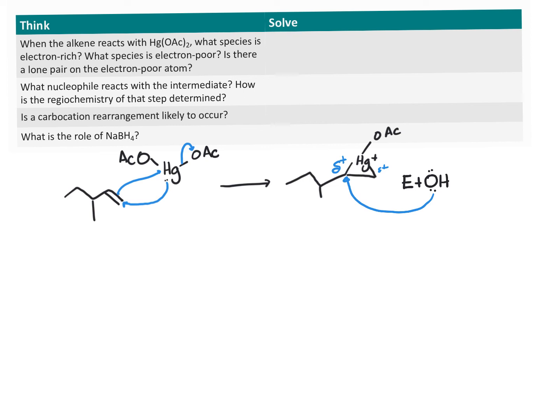When they attack that carbon there, these electrons, and I should have started in the middle, but that large partial positive bumped me over, those electrons are going to come up and be on the mercury. I'm going to draw that arrow just a little better down to that mercury. So it's on the mercury there.